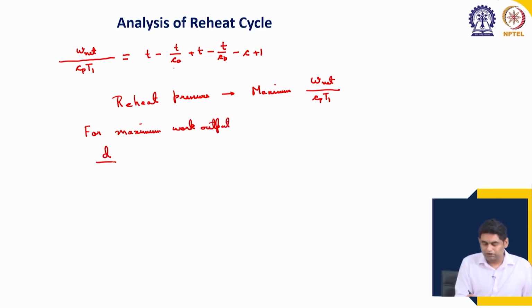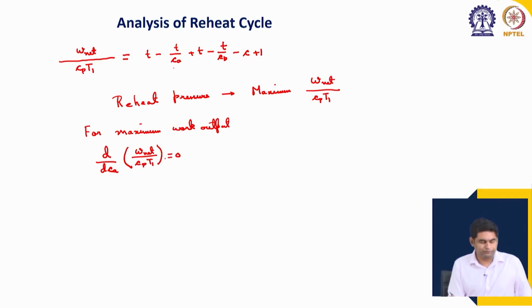Okay. So, for maximum work output, we take d by d C A of W net by CPT1 and equate it to 0. Okay. If you do that, the first term leads to 0, second term you will get T by C A square, third term again will go to 0 after taking the derivative, fourth term.